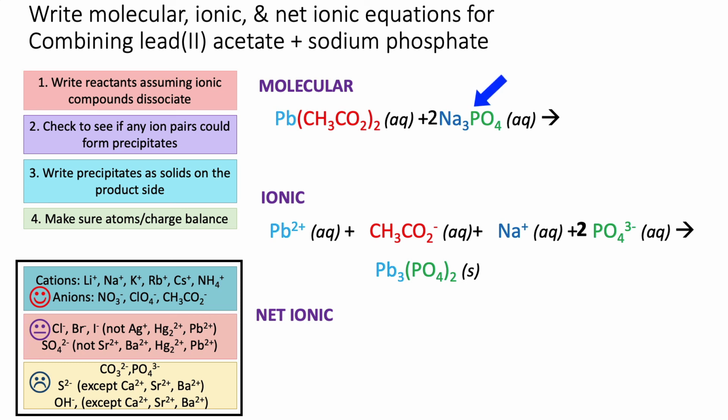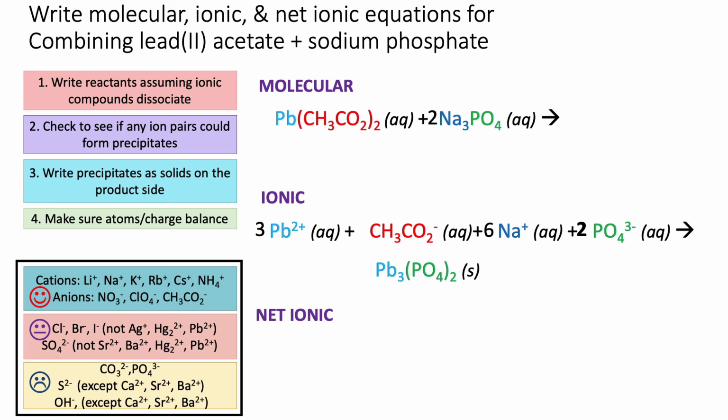So we need 2 molecules of sodium phosphate in our molecular equation. Well, if you have 2 molecules of sodium phosphate and each of those molecules of sodium phosphate had 3 sodiums, you would end up with 6 sodium atoms. So that number has changed. We have 3 lead ions. So we had to start with 3 lead ions.